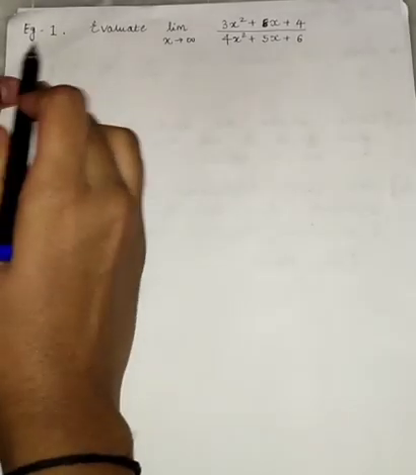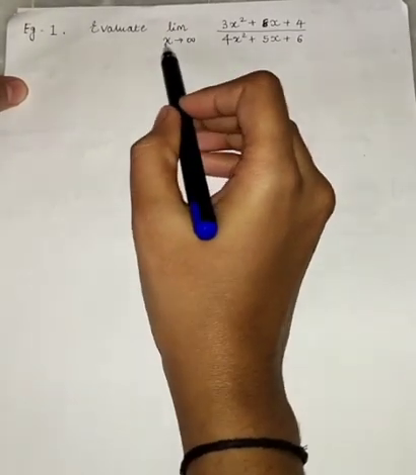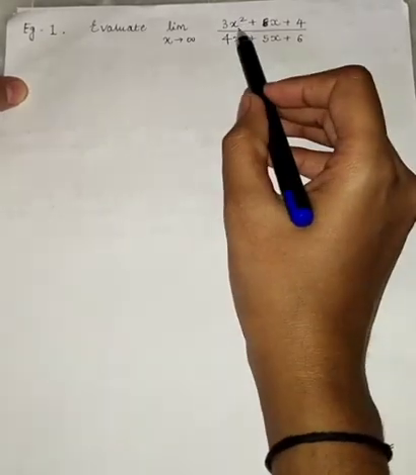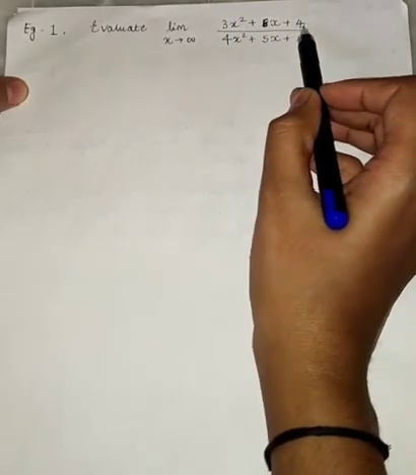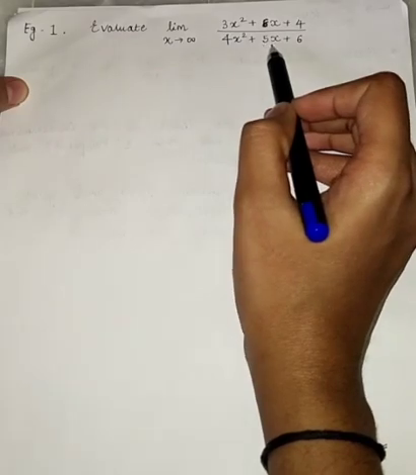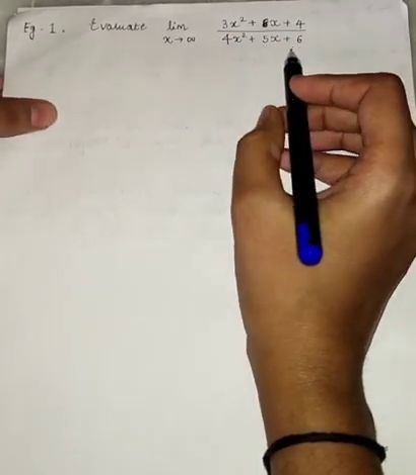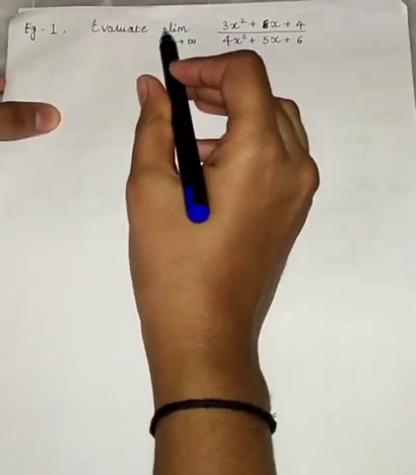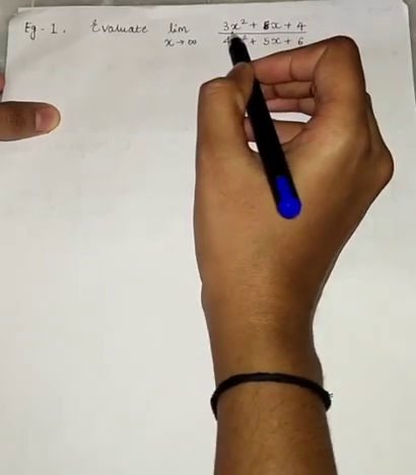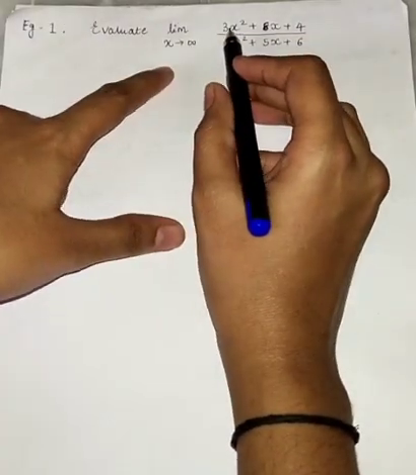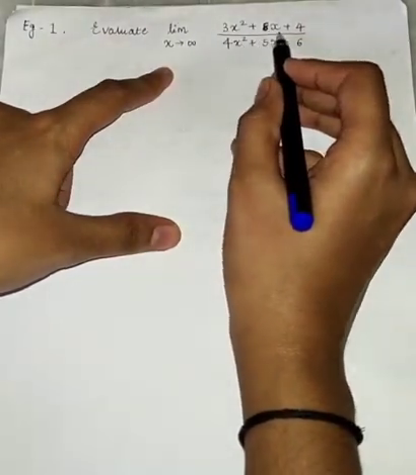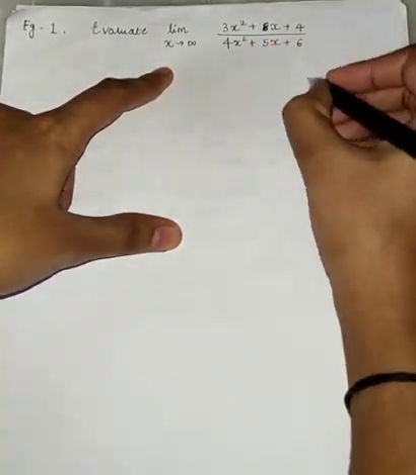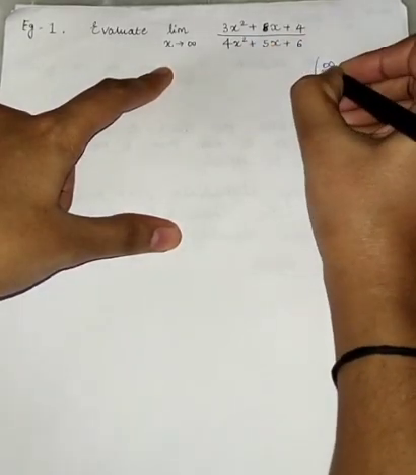So our example 1 is: evaluate limit x tends to infinity of 3x square plus 8x plus 4 upon 4x square plus 5x plus 6. Now if we substitute this limit in this equation, then we get 3 infinity plus 8 into infinity, that is, here we get infinity by infinity form.